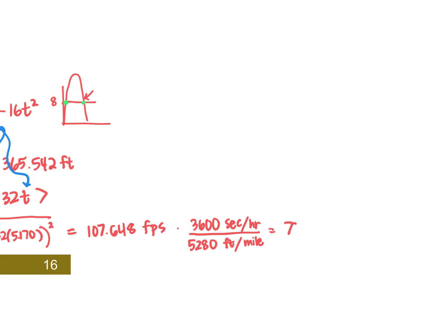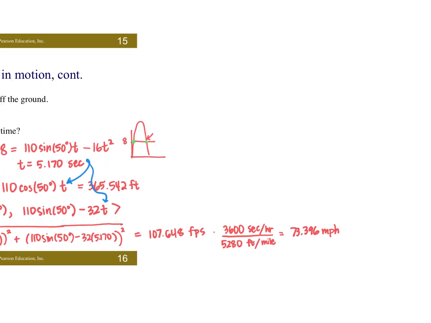And so we end up with 73.396 miles per hour. Okay, that's a pretty fast ball for this person to jump into the air and catch.